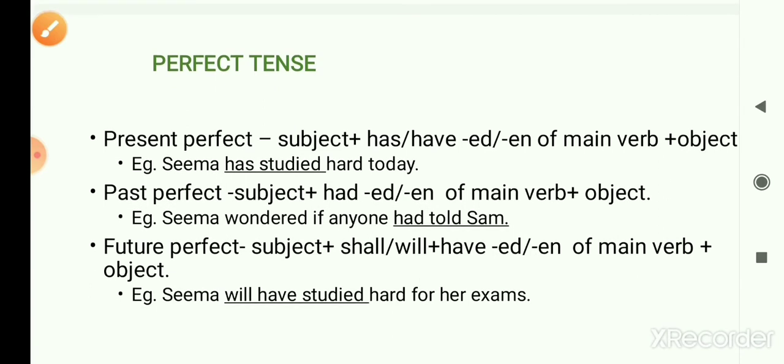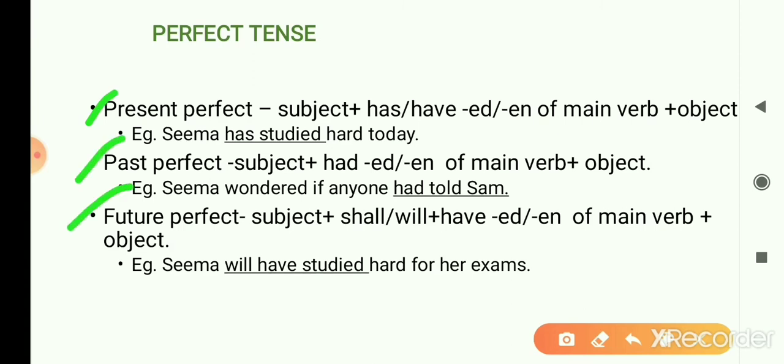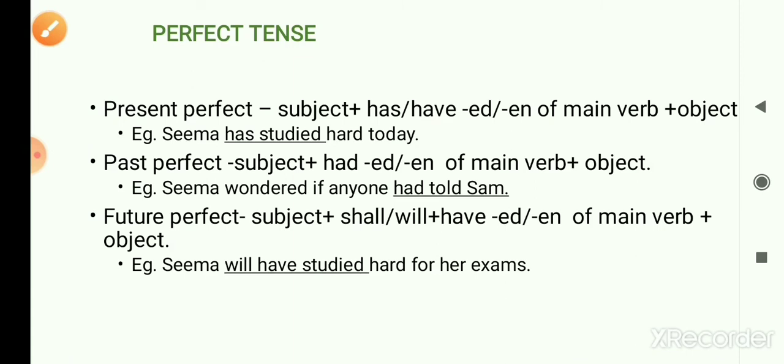Perfect tense. So present perfect, past perfect, future perfect. Okay. So here subject plus has, have, plus ed or en of the main verb.